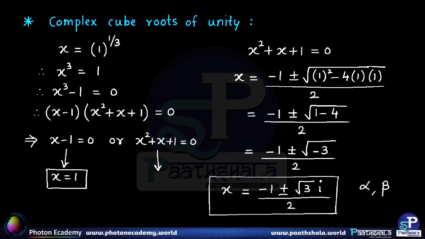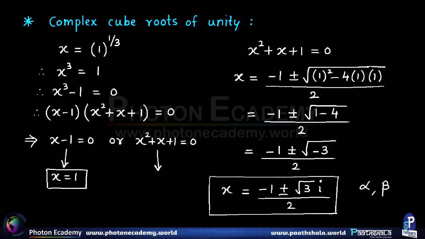So these three together are called the cube roots of unity, and the last two roots, alpha and beta, can be called the cube roots which are not purely real because they contain imaginary parts. Now let us go over quickly the properties of these cube roots of unity.